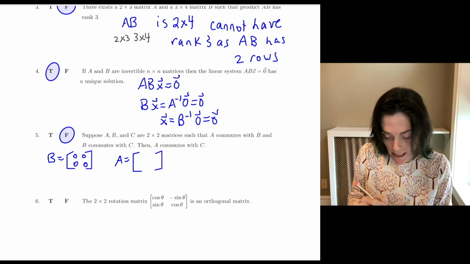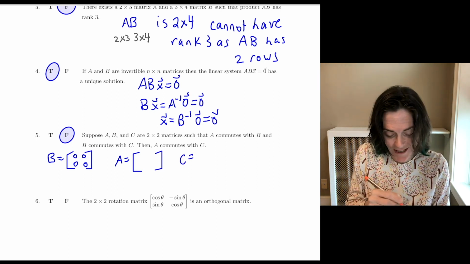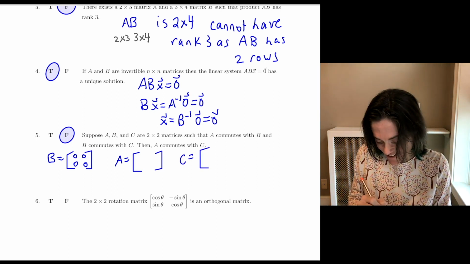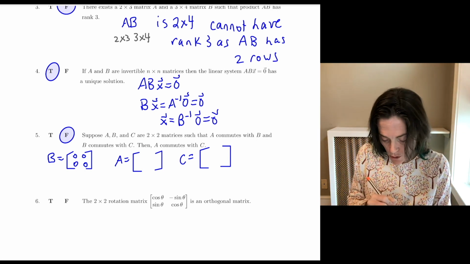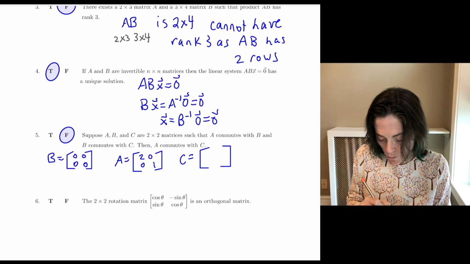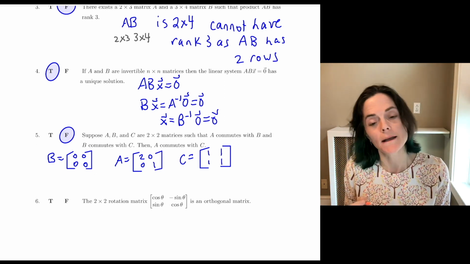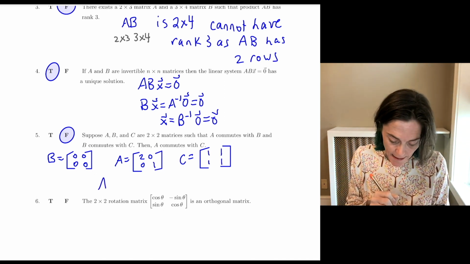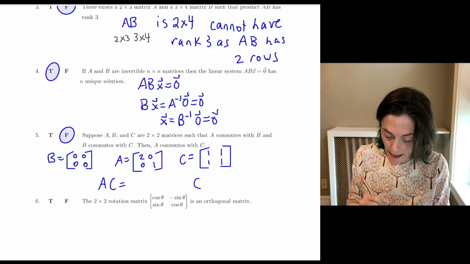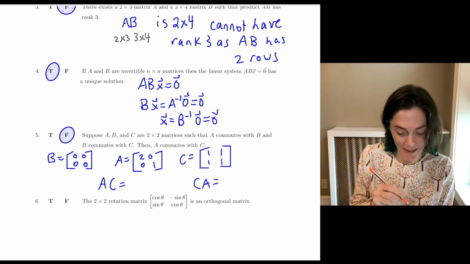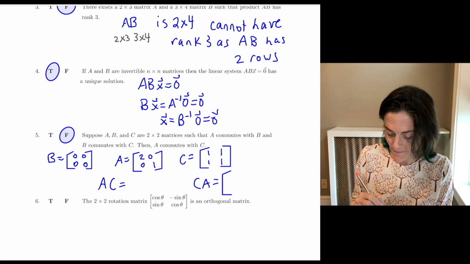A and C be some 2 by 2 matrices that do not commute. Okay, so maybe we can do A as the matrix with rows (2, 1) and (0, 0), and then we'll let C be the matrix of all 1s. We can calculate AC, calculate CA, and these will not be equal. We will see.